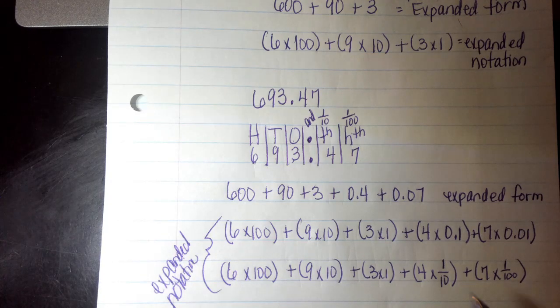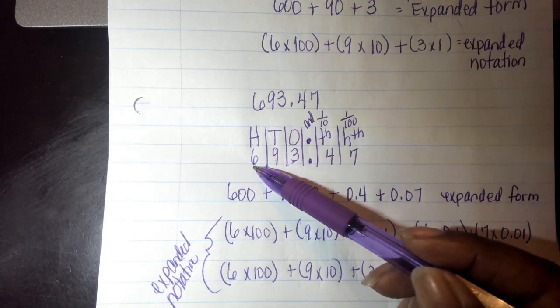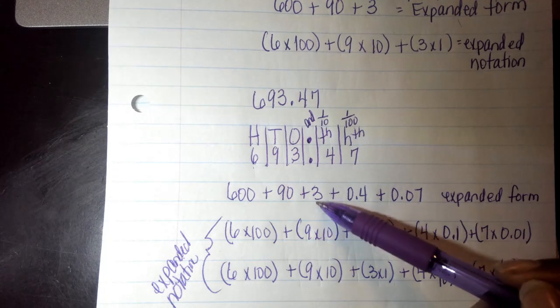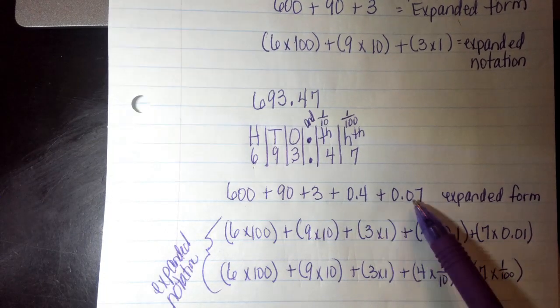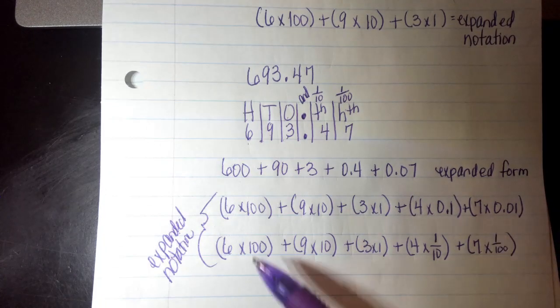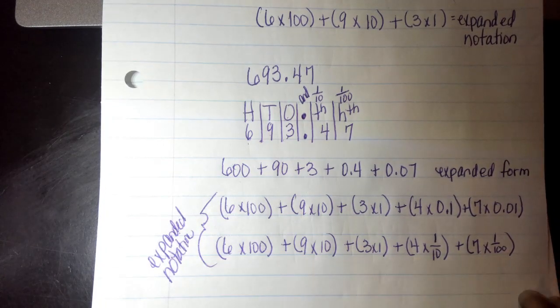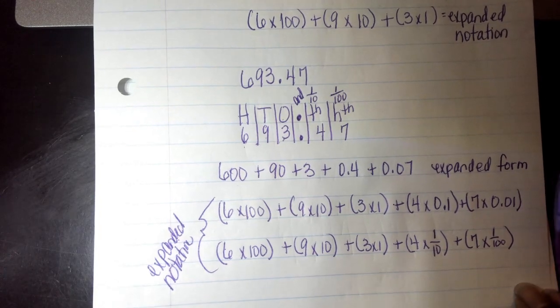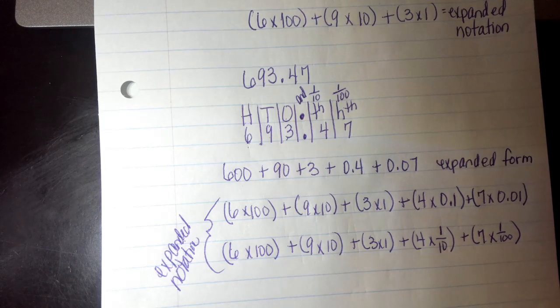Expanded form is just the value of the digit: 600 plus 90 plus 3 plus 4/10 plus 7/100. Expanded notation is, and you'll see this I think a lot in science, especially as you progress in science, you'll see that when they're building formulas.